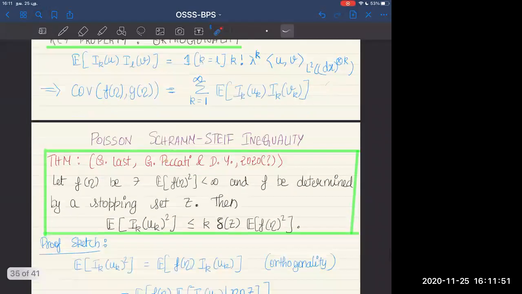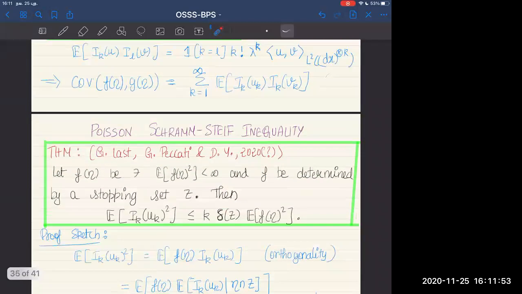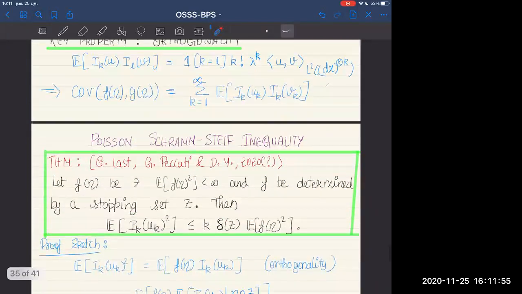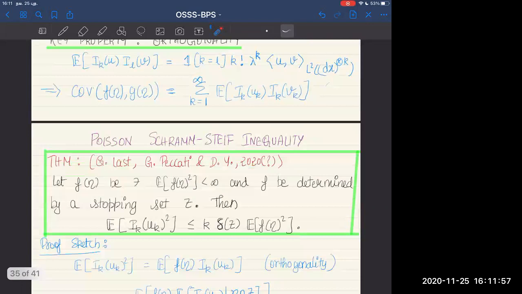And now comes the Schramm-Steif inequality. So after all that, the Schramm-Steif inequality is nothing but this: I take a square integrable function f of eta, which is determined by a stopping set Z. It's completely non-intuitive. It's not even clear why you would expect something like this.